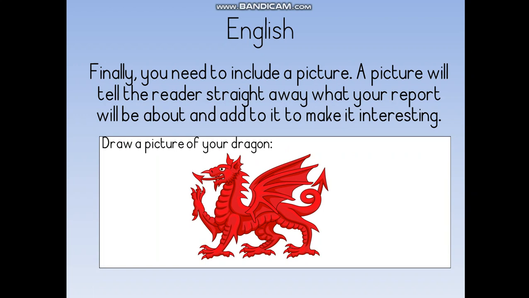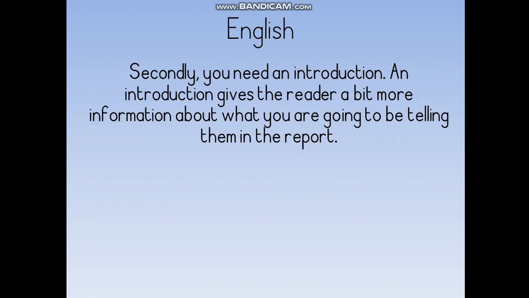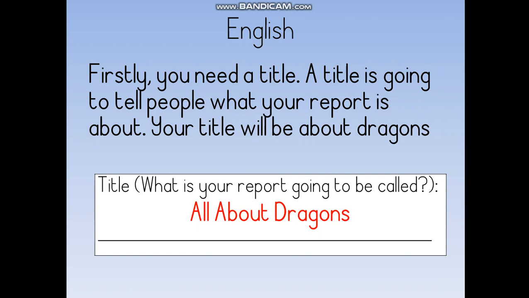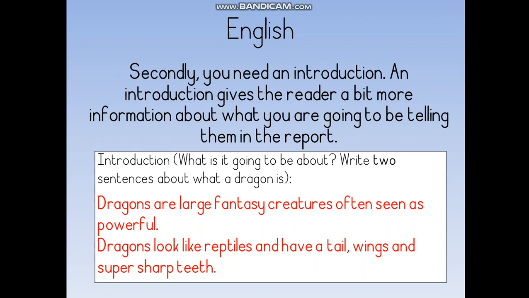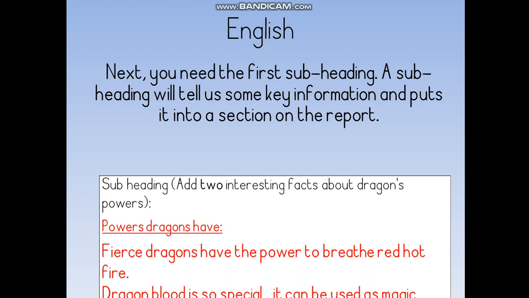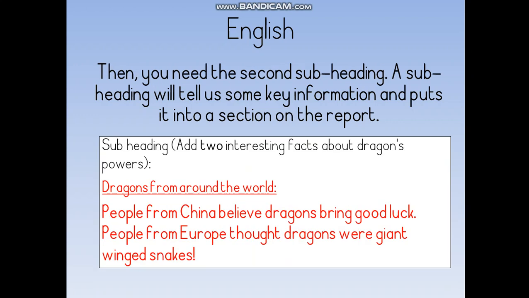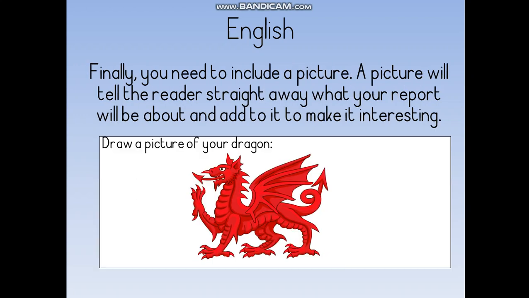Okay, so just to summarize, to plan our report you need your title. So my title's all about dragons. You need an introduction, which is here highlighted in red. You need your first subheading, you need your second subheading, and you need your picture.